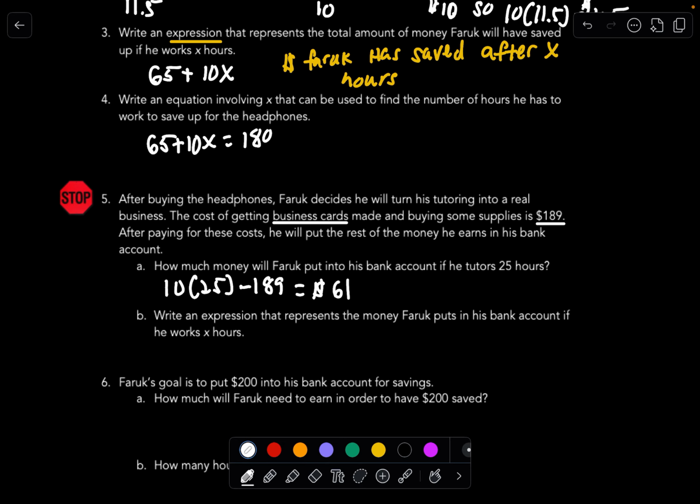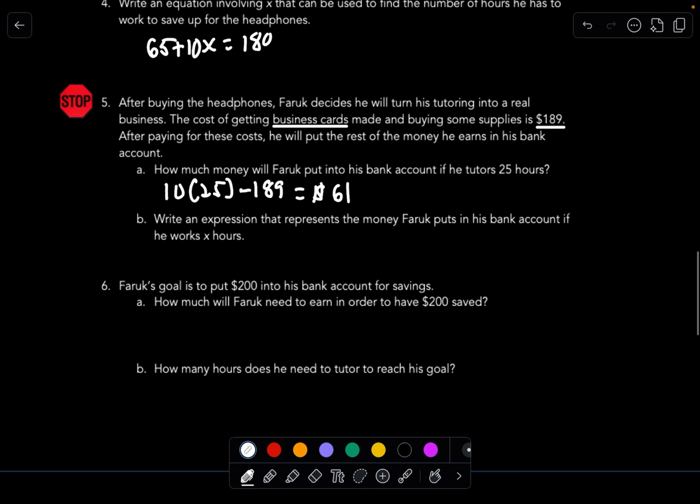Then it says write an expression that represents the money Farouk puts in his bank account if he works X hours. Well, that would be 10 times X minus 189, all right? And that's the money he would put into his bank account.